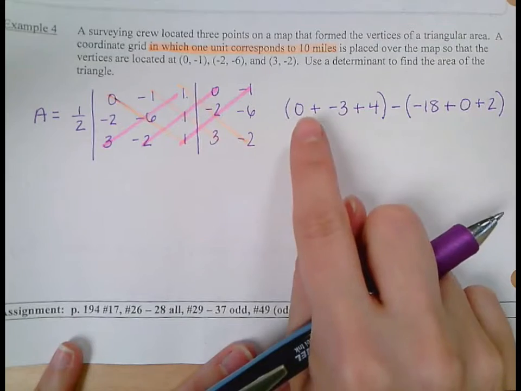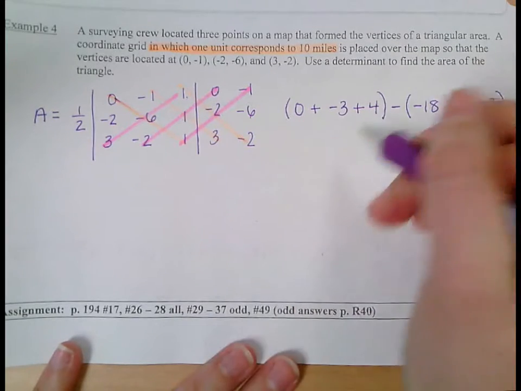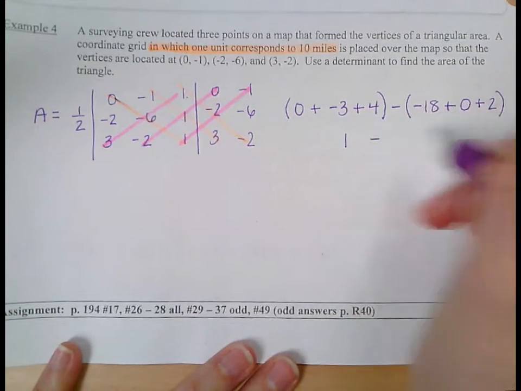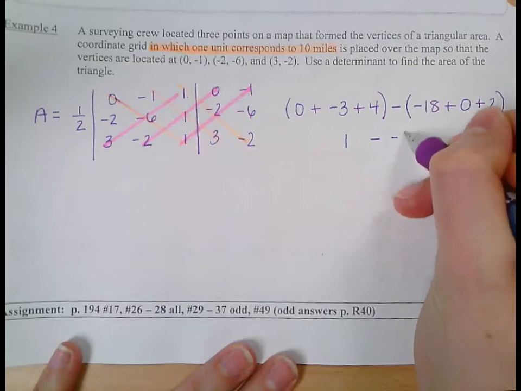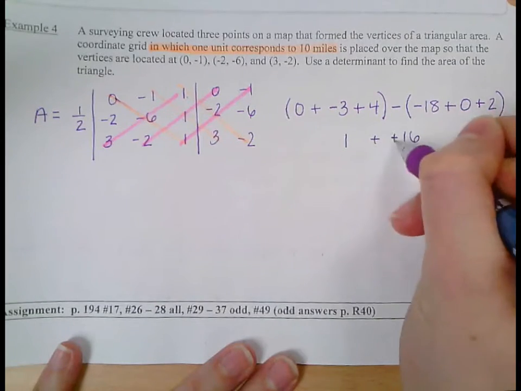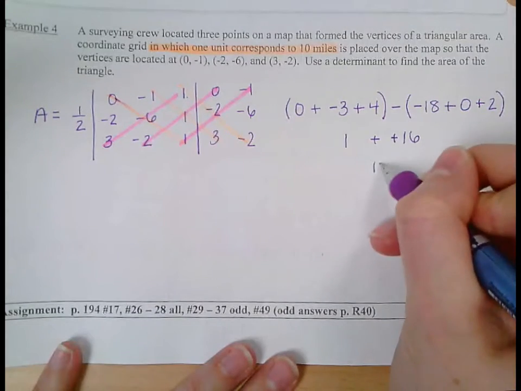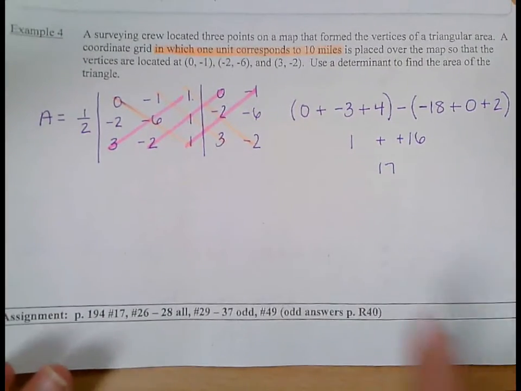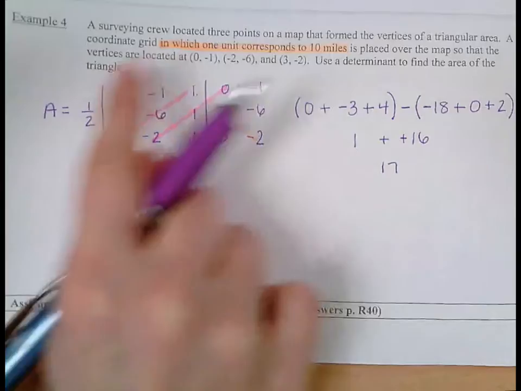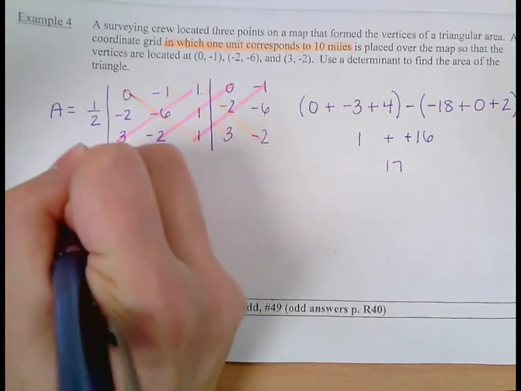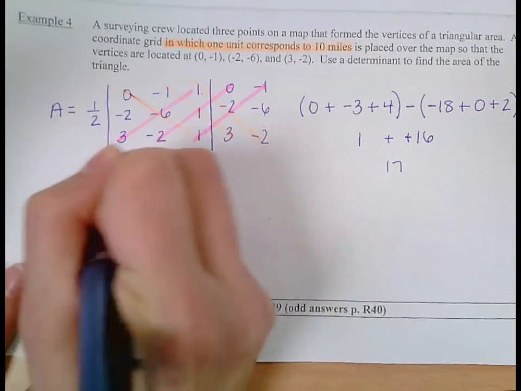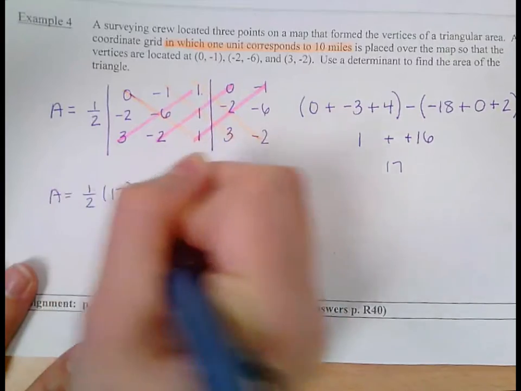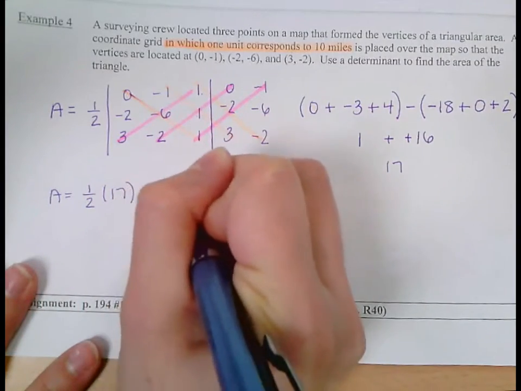So then the first sum is just going to be +1 minus the second sum, -16, which is really 1 plus 16, so the determinant is 17. So now substituting this in for the determinant, my area is 1/2 times 17, so 8.5.